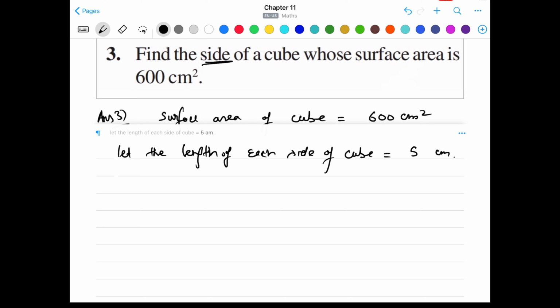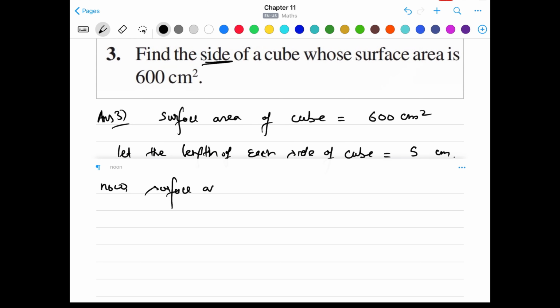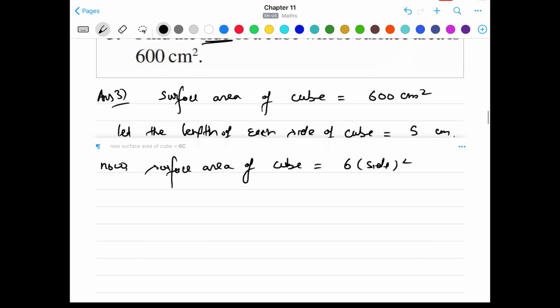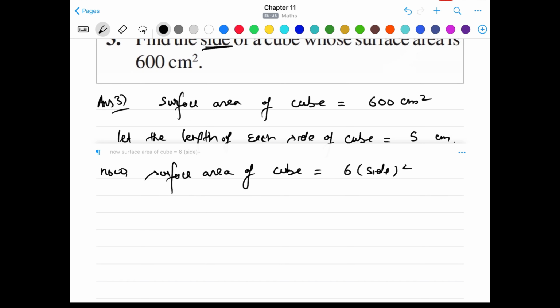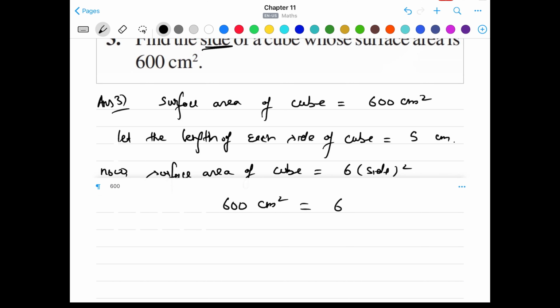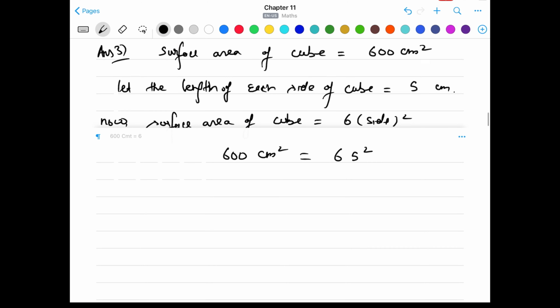The surface area of a cube is given by the formula 6 times side square. The surface area of the cube is given to us, which is 600 centimeters square, and the side we have taken as s, so this will be 6 s square.